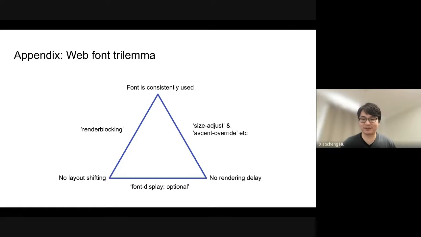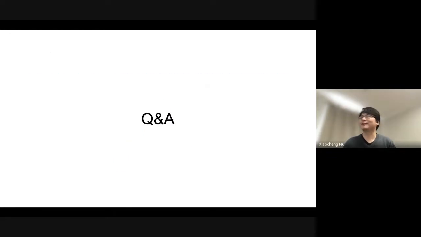You can't perfectly align two different fonts. So this proposal is the last edge of this trilemma. If we can allow some rendering delay, then we can achieve the font being consistently used and no layout shifting. That's it. Okay, questions?